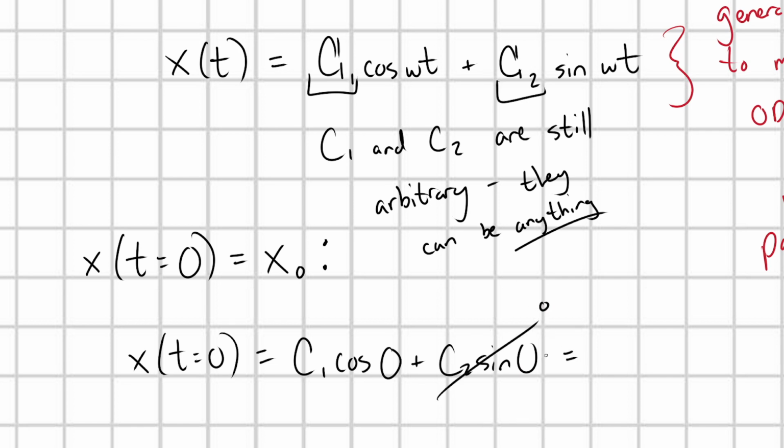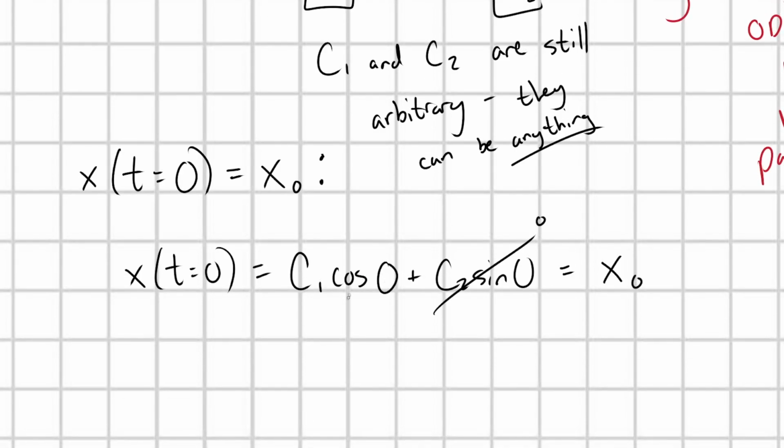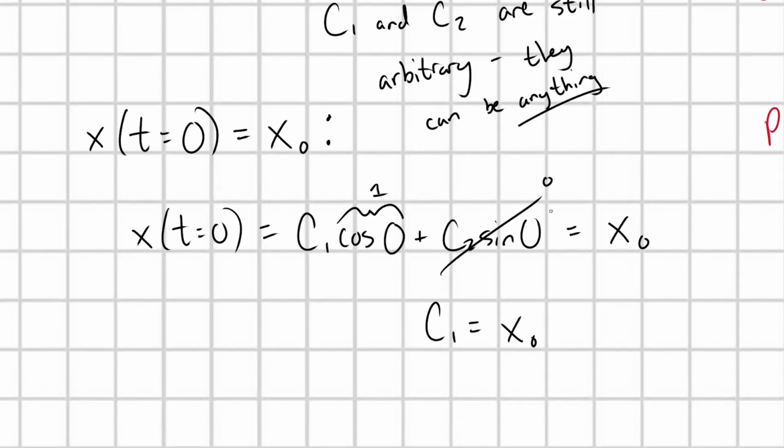And this, of course, is going to equal x naught, like we said. It's my initial position. Cosine 0 is simply 1. And so we find that c1 equals x naught. Great, we've already got one of our constants written in terms of our initial position. That's fantastic.